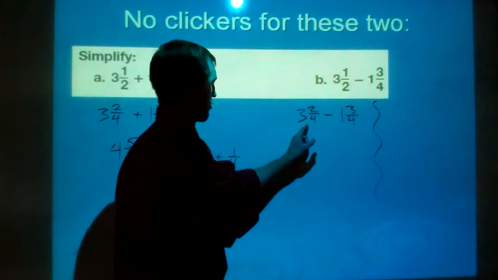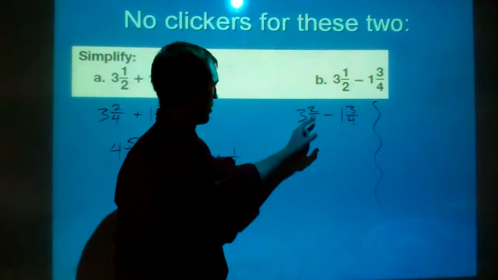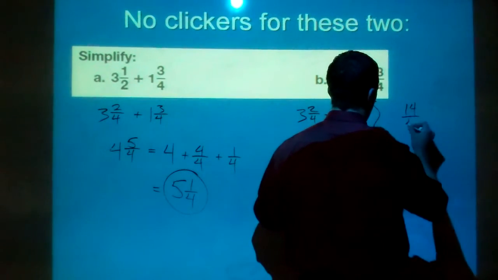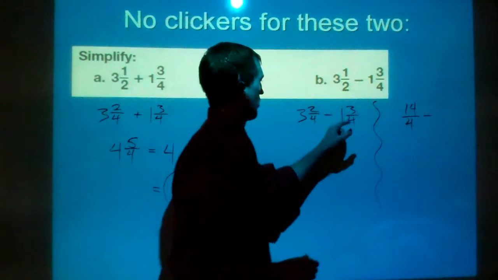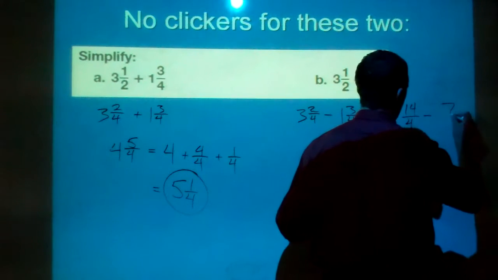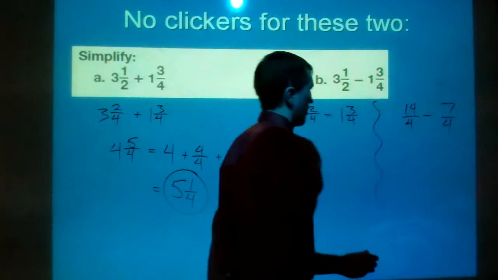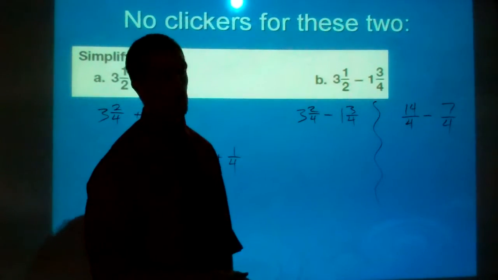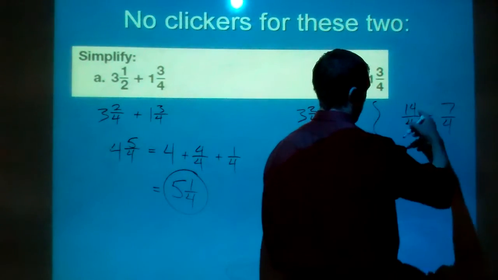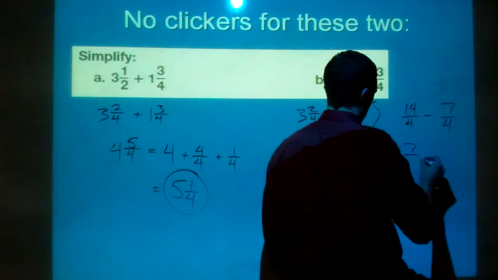Alright, 4 times 3 is 12, plus 2 is 14. So we got 14 over 4, minus 4 times 1 is 4, plus 3 is 7. Alright, so we got 14 over 4 minus 7 over 4, and that would be 14 minus 7, which is 7 over 4.